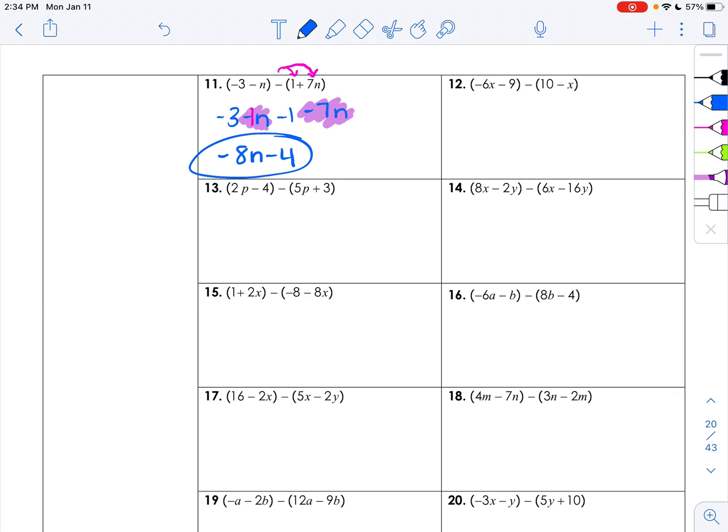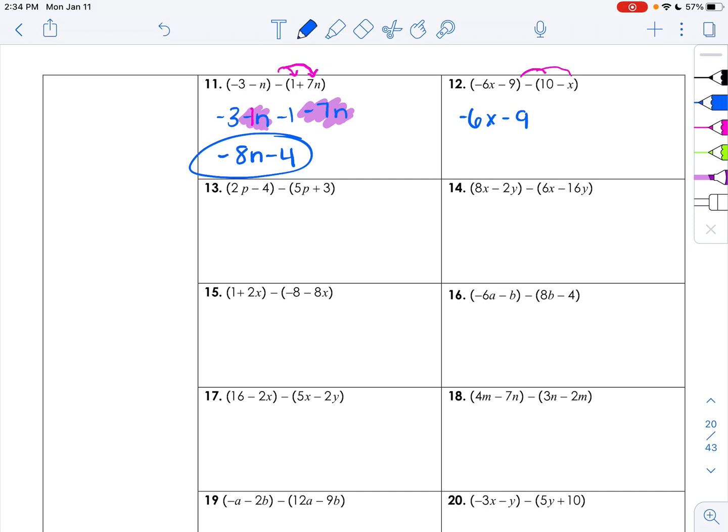And remember, this is another way of simplifying, so you should end up with fewer terms than you started with. Number 12, I'm subtracting, so my first expression stays the same, and then we distribute the negative. Remember, we only distribute when it's a subtraction problem.